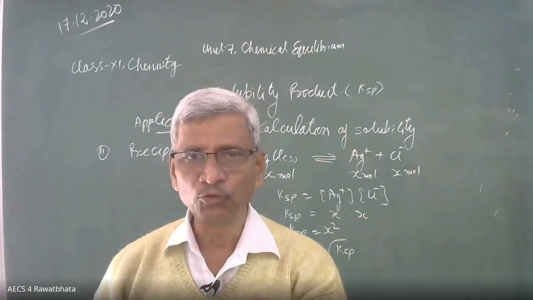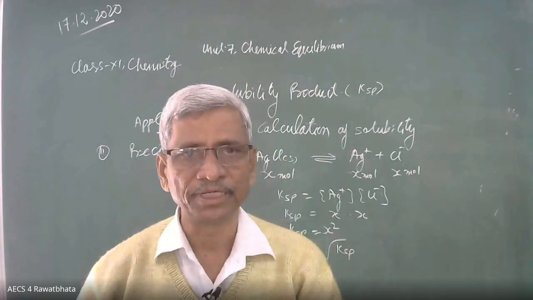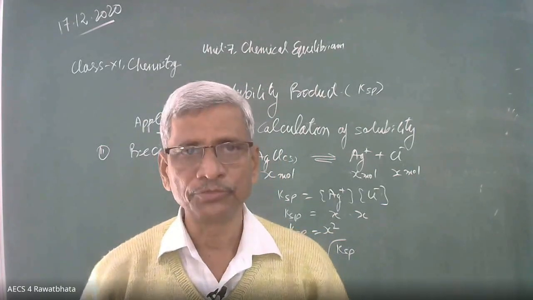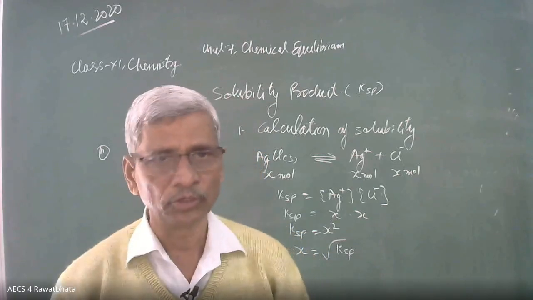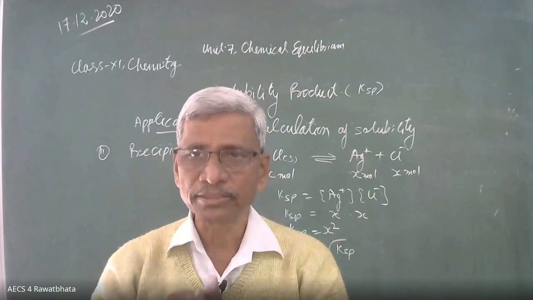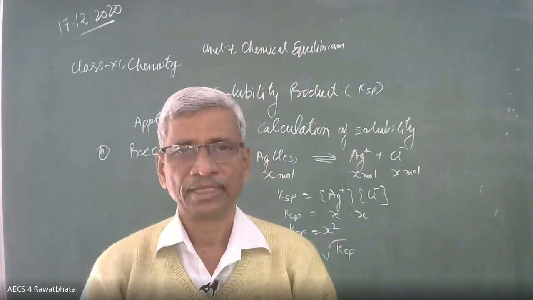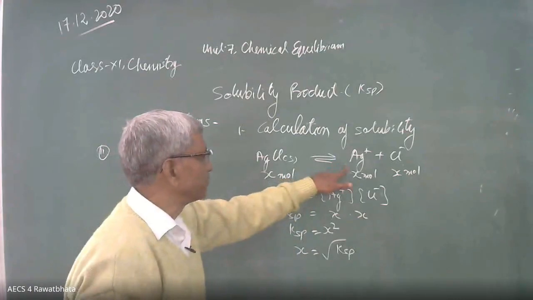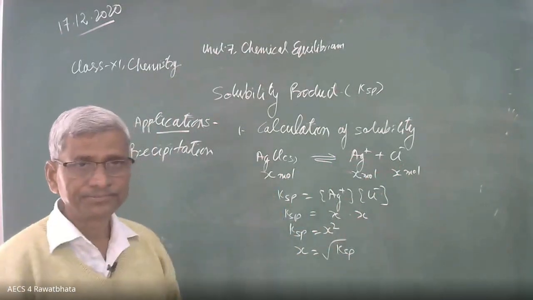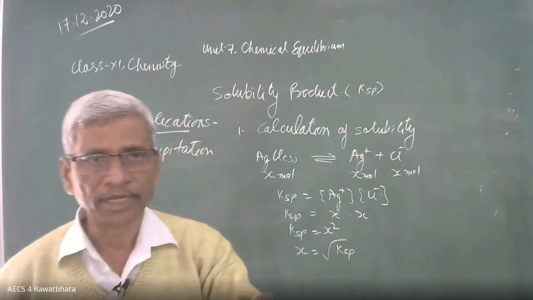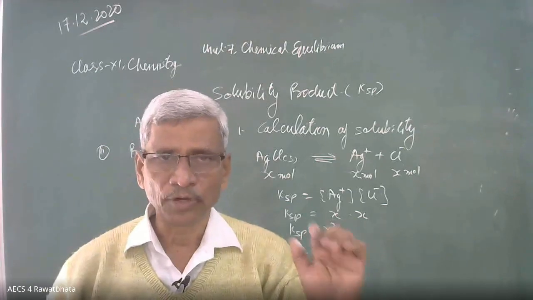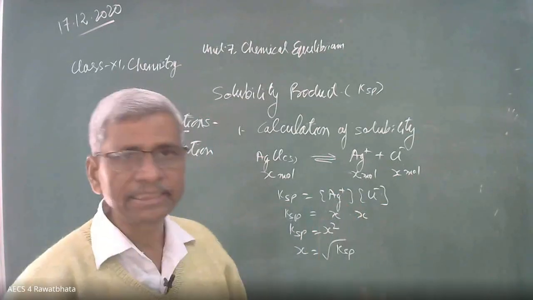Sometimes within a few ml of another substance precipitate is obtained, while with other compounds we need a larger volume of the substance to be mixed before precipitation takes place. It depends on the solubility product. In a solution, if the ionic product, the multiple of the ions, exceeds the solubility product, precipitation occurs. We have taken chloride ion, sodium chloride solution, and are adding AgNO3. This chloride ion is going to precipitate as AgCl.